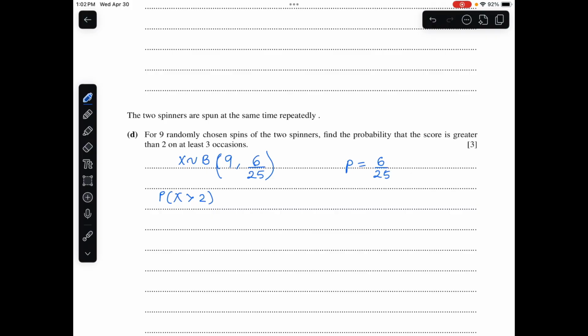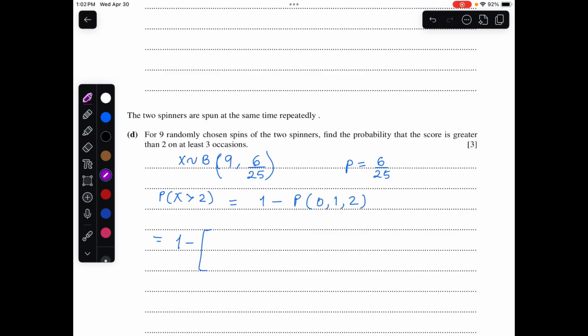Now we need to calculate probability of x greater than 2. So this is going to be 1 minus probability of 0, 1, 2. So apply the formula for binomial distribution. So it is nCr p to the power of r, 1 minus p to the power of n minus r. That's the formula of binomial. So the 9 is n for us.